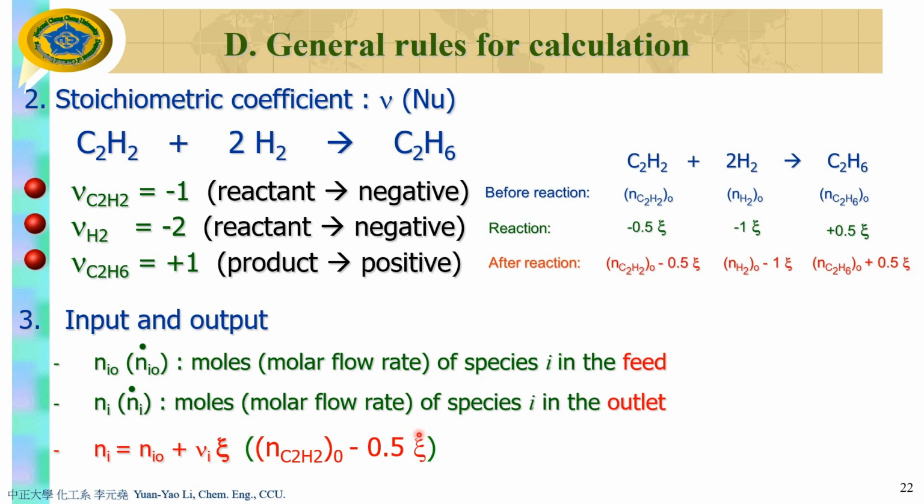So if you use this as an example, for C2H2, this is the one after reaction, so you use N sub i to represent it. Ni can be Ni0, this is the Ni0, plus nu times Xc, where nu is minus 0.5.